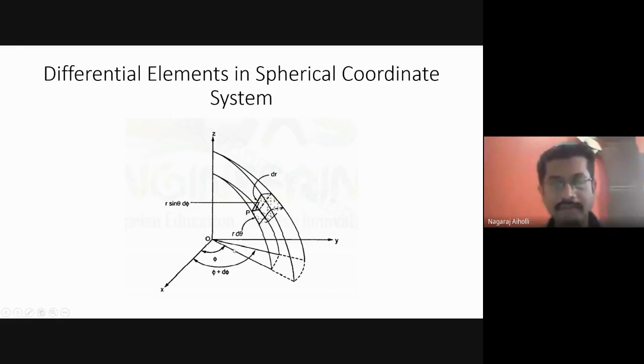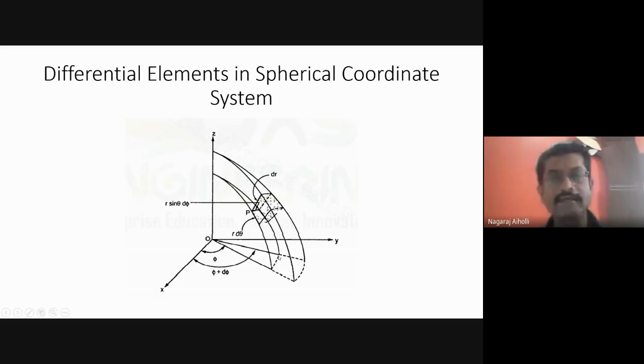Hence I will consider r sine d phi as r d phi. This arc length, this dashed line, is r into d phi.